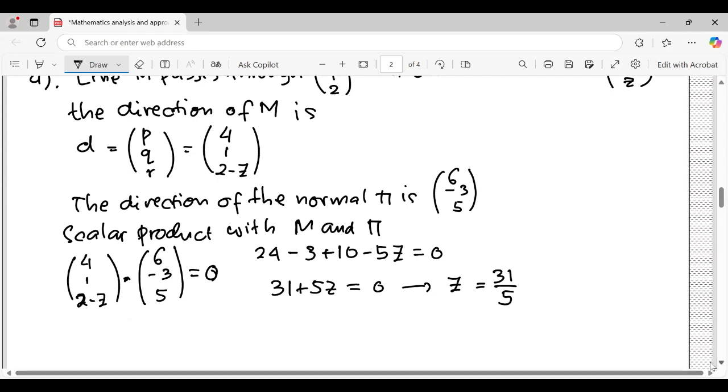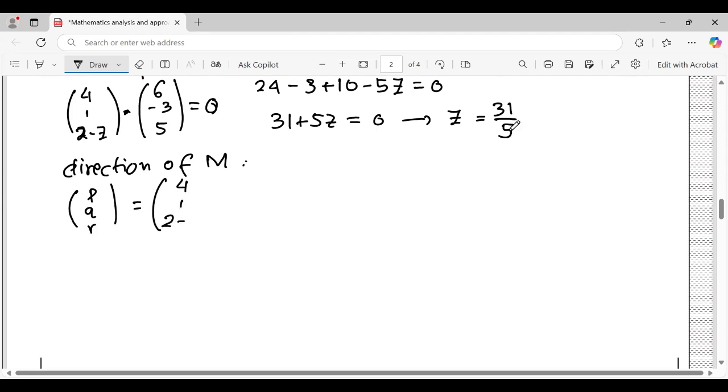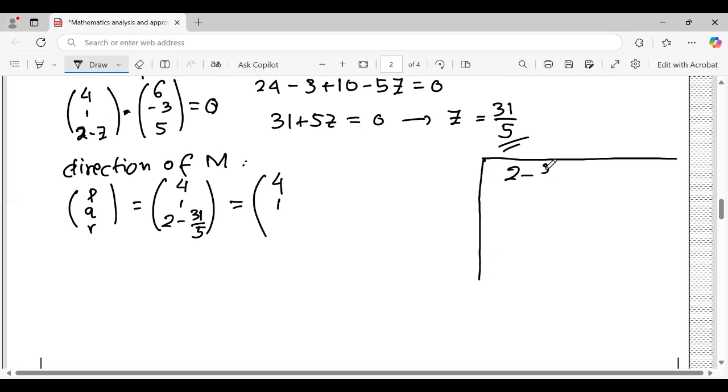So next, the direction of m can be stated as p, q, r equal 4, 1, 2 minus, because z equals this one, 31 fifths. It equals 4, 1, 2 minus 31 fifths.